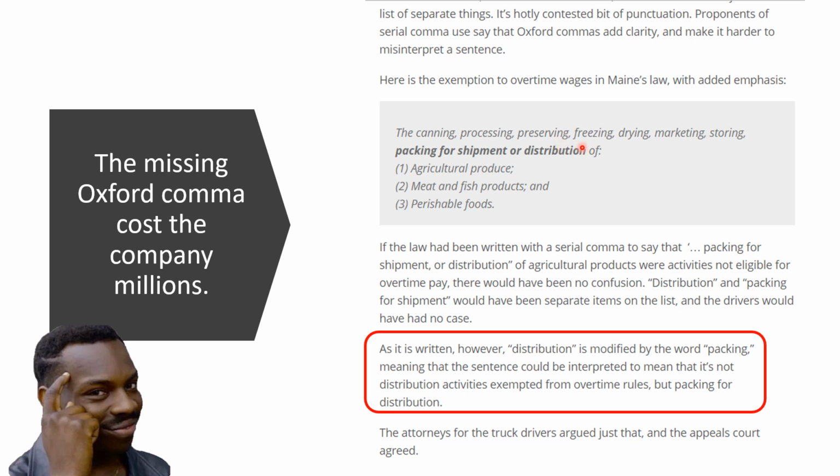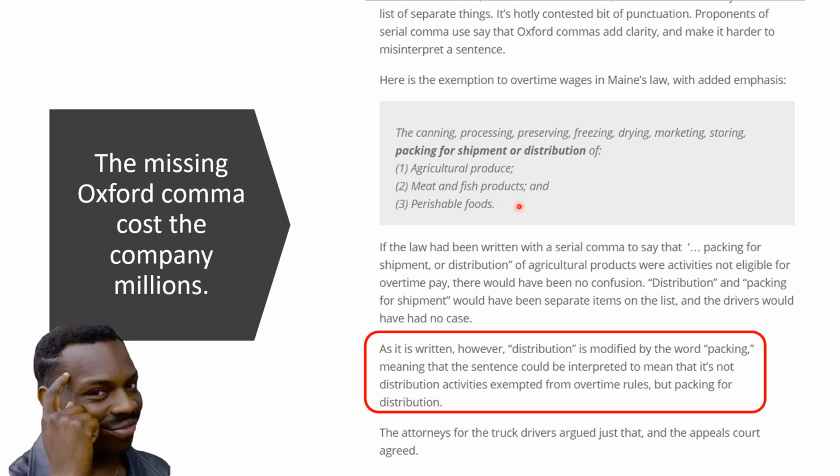So if an employee would do canning, processing, preserving, freezing, drying, marketing, storing, and packing for shipment or distribution, they will not be paid for their overtime work. Did you get that? So this is an excerpt. This is the part of the law that says these activities will not be granted overtime pay.